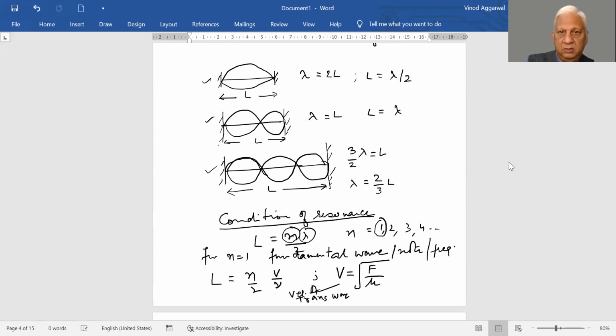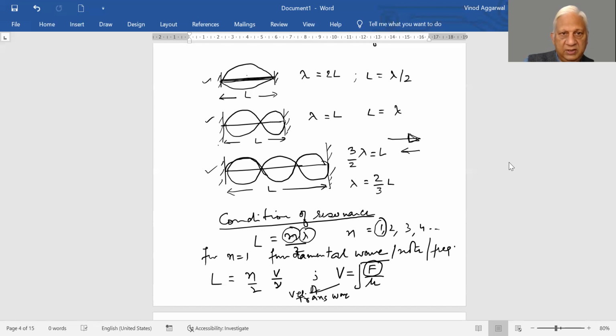Velocity means with what velocity that hump we saw earlier is moving in the x direction, this direction or this direction, doesn't matter. And F: in all these cases the string vibrates when it is stretched between the two ends.